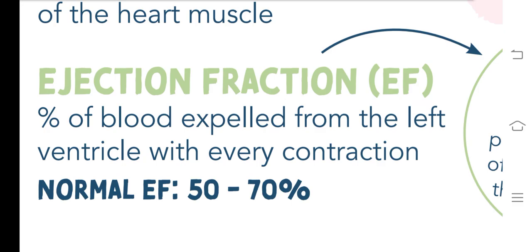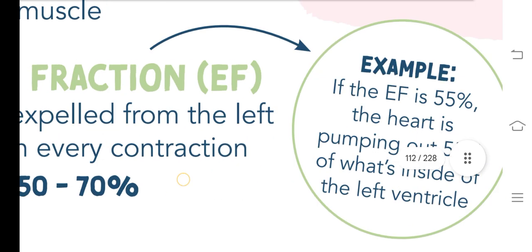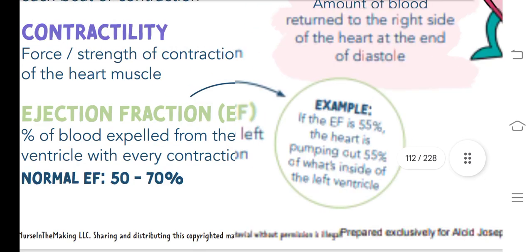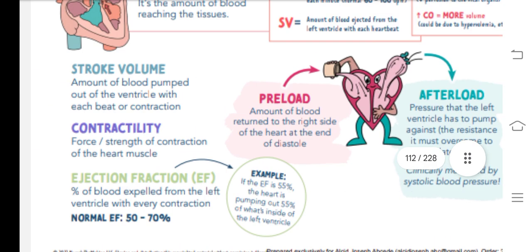The normal ejection fraction is 50 to 70%. For example, if the EF is 55%, it means the heart is pumping out 55% of what's inside the left ventricle. Okay, so this was about ejection fraction.